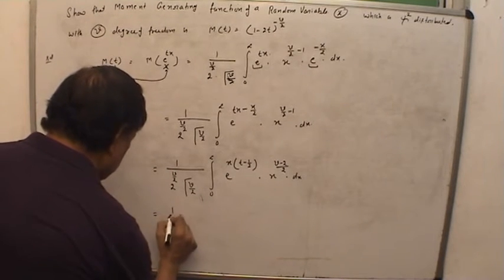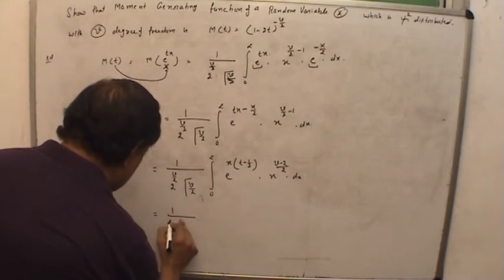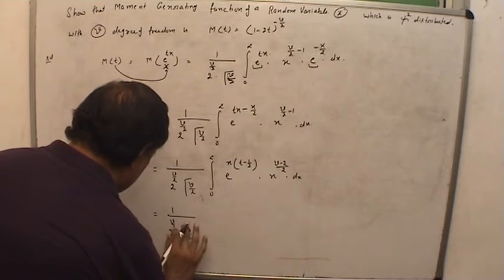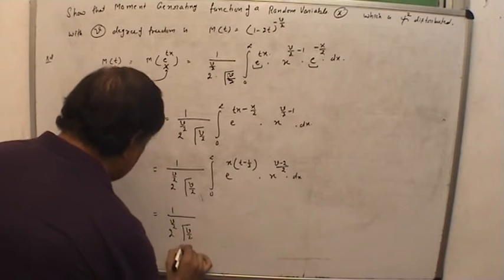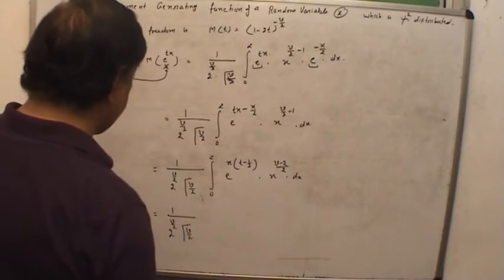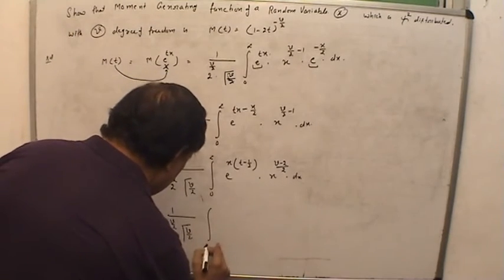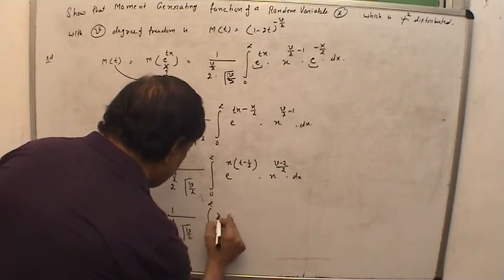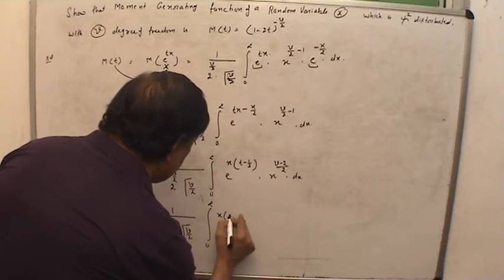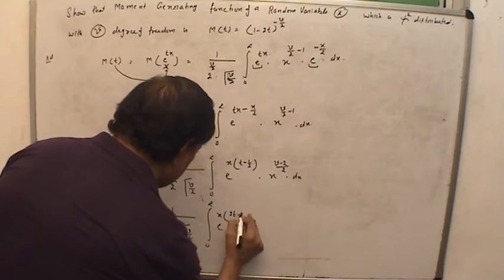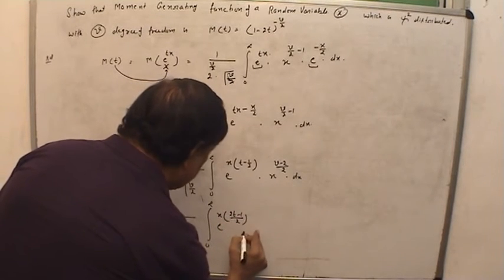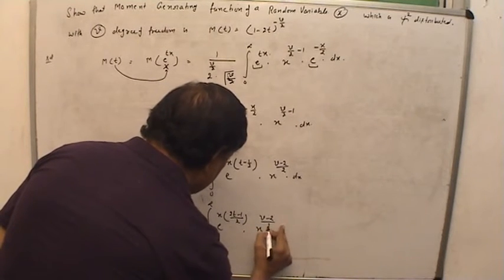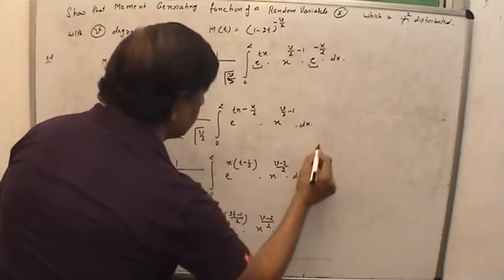That is equal to 1 upon 2 raised to the power v by 2 gamma function of v by 2. Here v denotes, again I say, the degree of freedom. Integration from 0 to infinity e raised to the power x into 2t minus 1 divided by 2 into x raised to the power v minus 2 divided by 2 with respect to x.